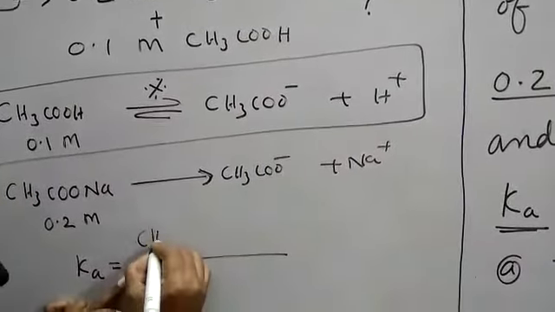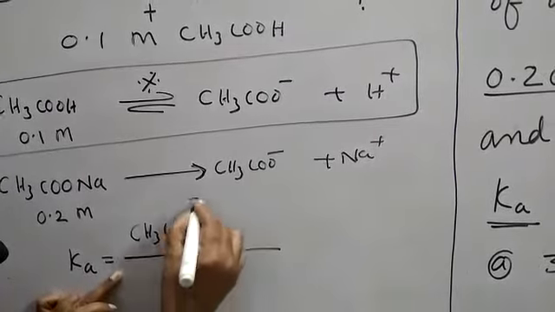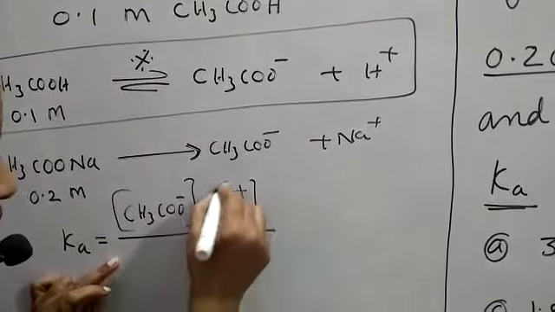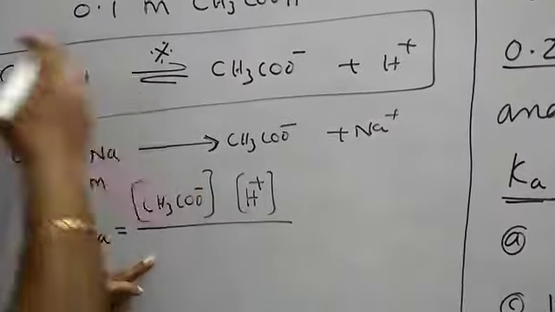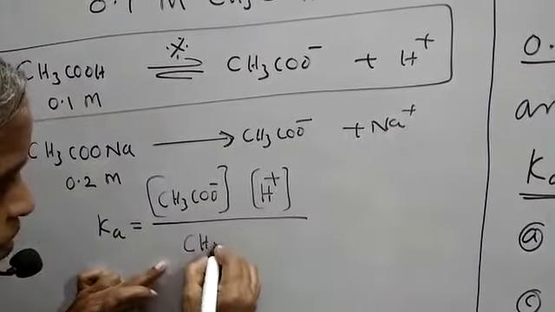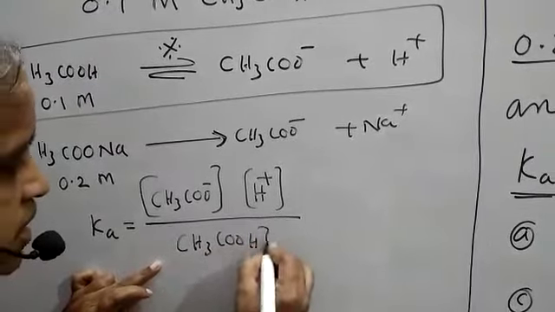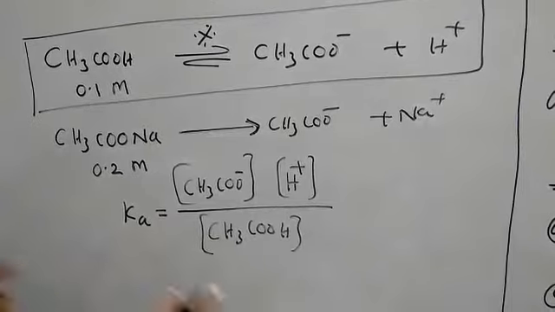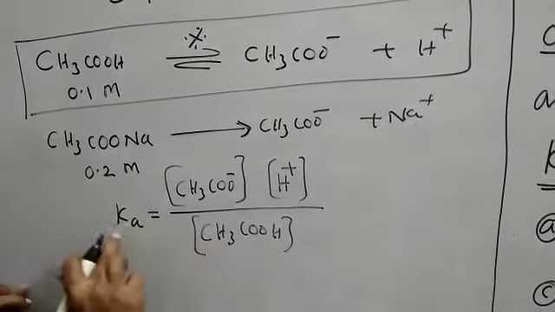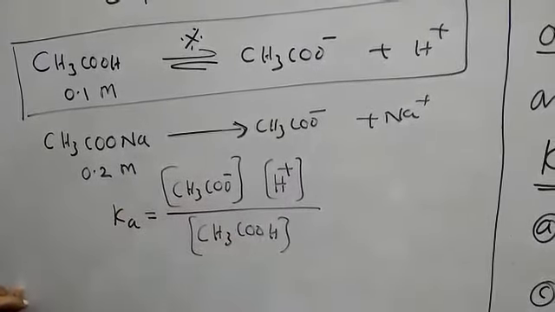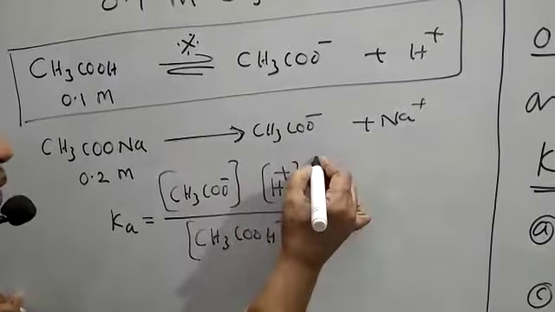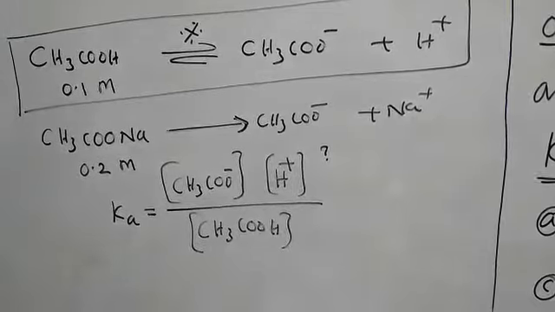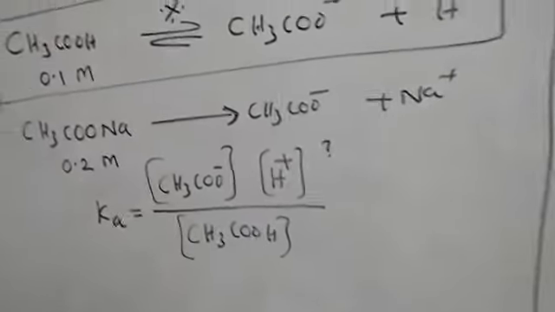Write the products: CH3COO minus molar concentration and H plus ion molar concentration, divided by the reactant, acetic acid, and its concentration. In this formula, three data are available, and the hydrogen ion concentration is what you have to calculate. Now substitute the values and you can get the answer.